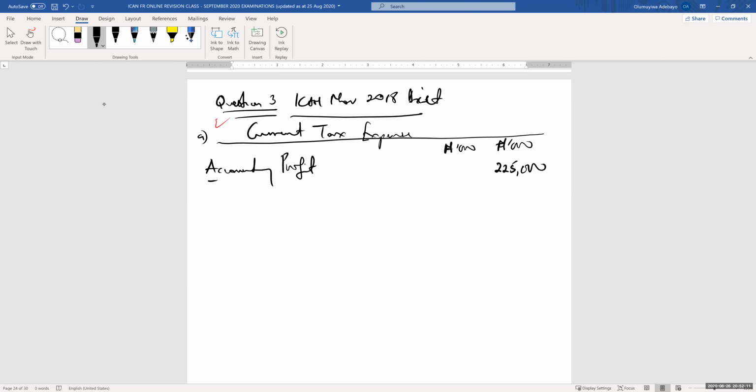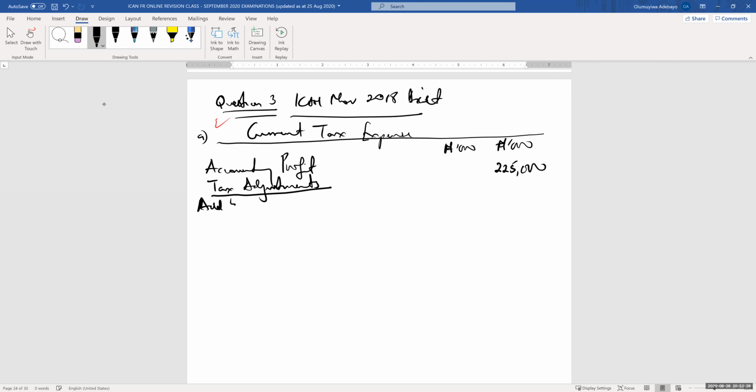Now we need to carry out a series of tax adjustments. The first category of tax adjustment are non-allowable expenses. And we start with the category of depreciation.